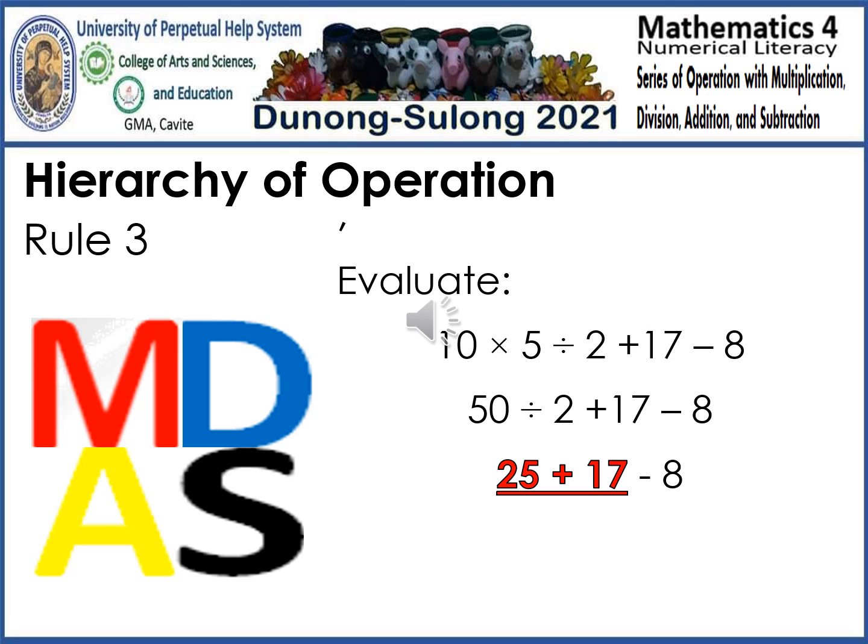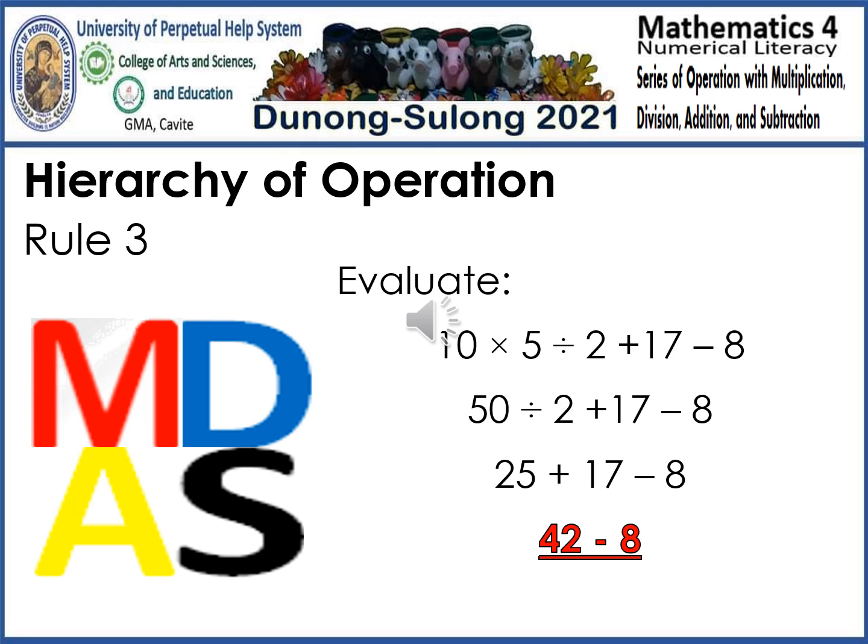Now, let us proceed to rule number 3: add or subtract from left to right. So, addition is first. 25 plus 17. The answer of 25 plus 17 is 42.